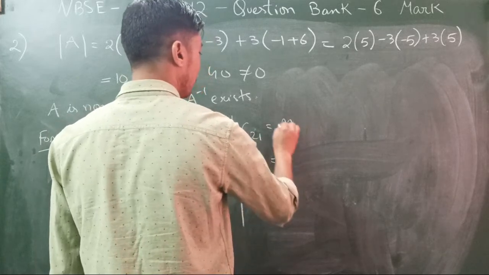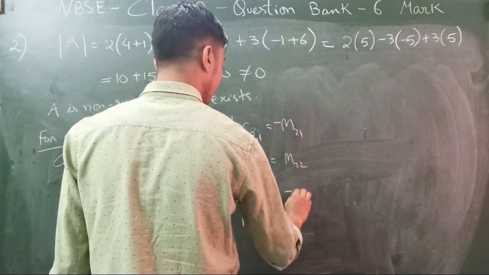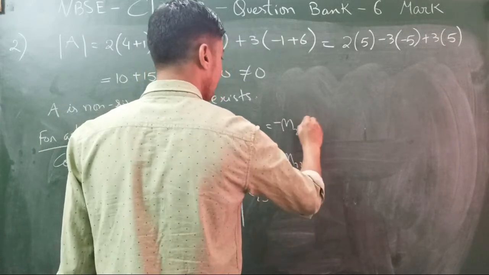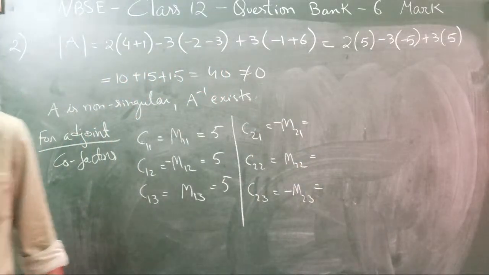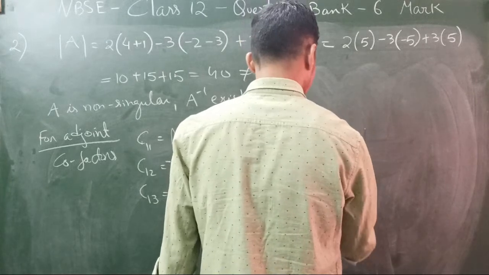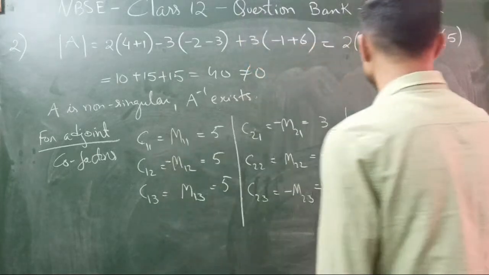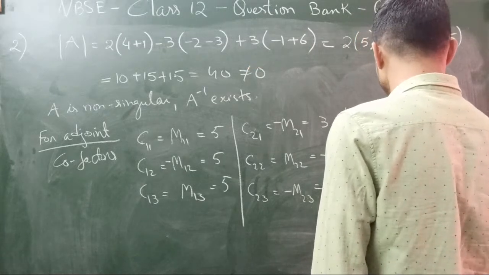That's going to be minus of M21, M22, minus of M23. Odd number, no? And these values, if you calculate, you will get 3, minus 13, 11. And finally, C31, C32, C33.